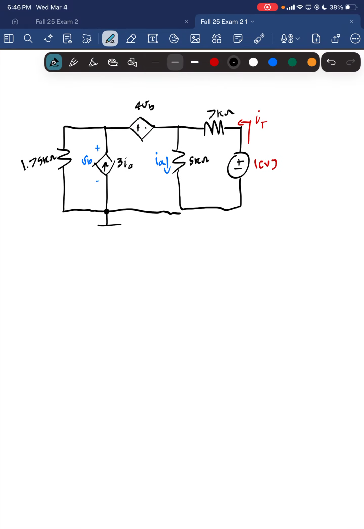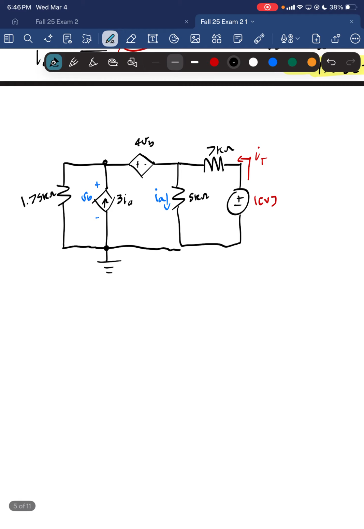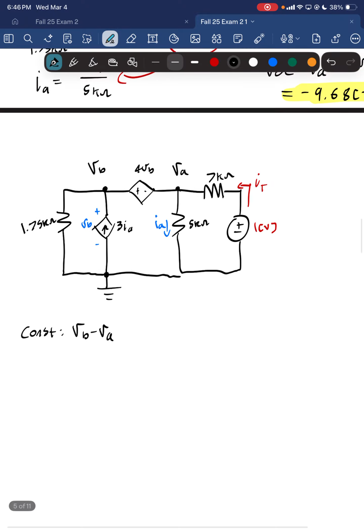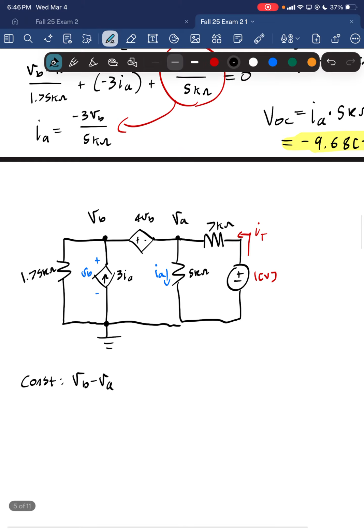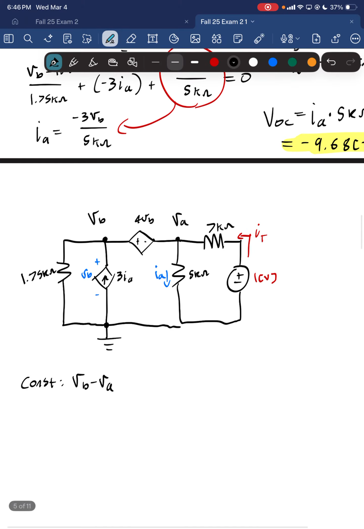Okay, so here we're gonna do nodal analysis. And we can say that this node is VB. We can just call this node VA. And then our constraint equation is going to be VB minus... Can that VA node technically be like 3VB? Yes. Or negative 3VB, yeah. And that can be observed through your constraint equation, right? That's also a valid approach too. You can just call it negative 3VB because it's the same variable.